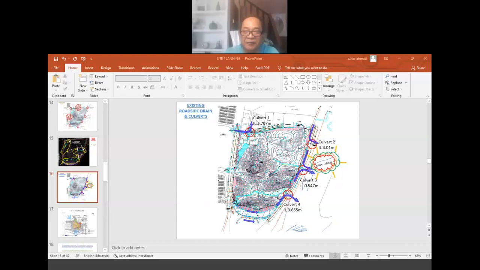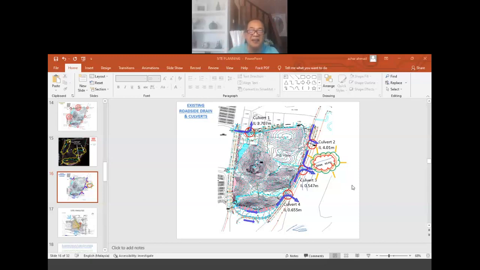Again, this is information obtained from site inventory. Before development, there are several culverts already in existence. Culvert number 1, culvert number 2, culvert number 3, and culvert number 4. So these are all information that we have gathered from the process of site inventory.